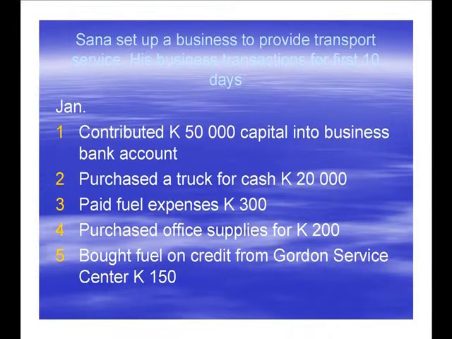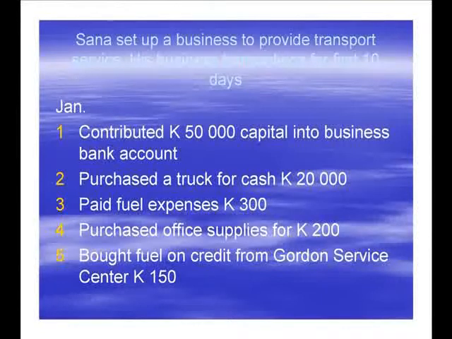Okay, again we look at a few transactions. This list of transactions includes revenue and expenses. The owner is Sana.